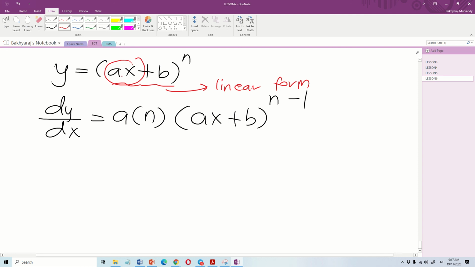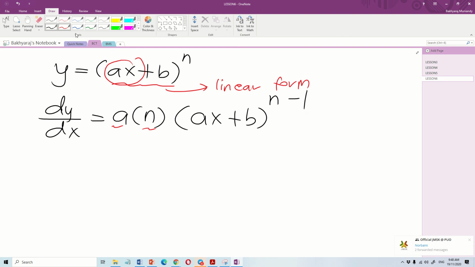Kalau kita tak ada x, maksudnya dia b lah. Saya boleh letak b tanpa ax pun boleh. So you kena perasan siapa yang ada x, itulah a. You must notice that. So kita ambil a times by n, and then copy balik function ax tambah b, then power dia reduce by 1, n minus 1.